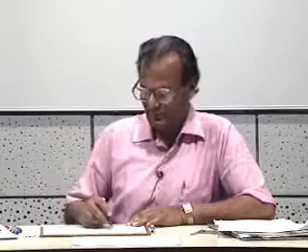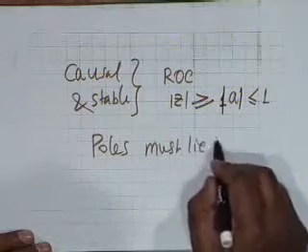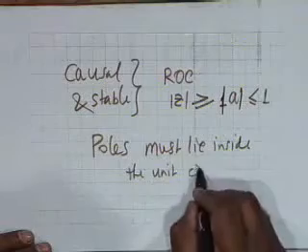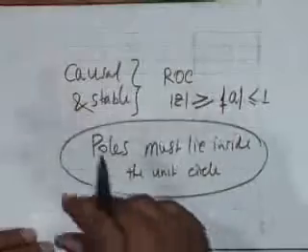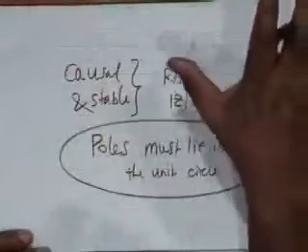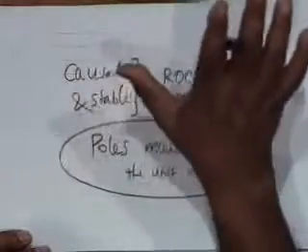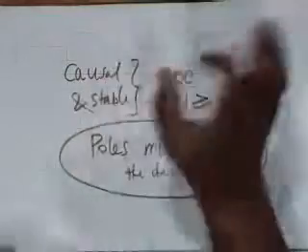What is the conclusion about the location of the poles? Inside the unit circle. Poles must lie inside the unit circle. And this is the most important statement that comes out of the Z transform analysis: for a physically realizable system, if you see a pole outside the unit circle, you can immediately conclude that it is unstable.